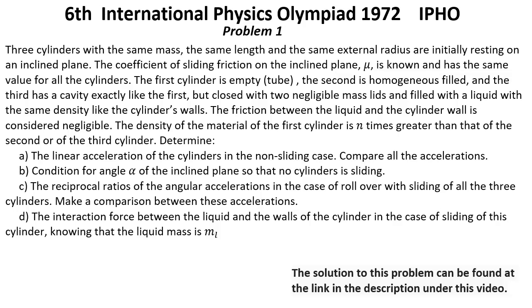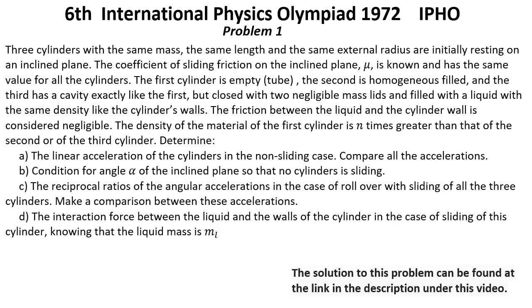3 cylinders with the same mass, the same length, and the same external radius are initially resting on an inclined plane. The coefficient of sliding friction on the inclined plane, mu, is known and has the same value for all the cylinders.